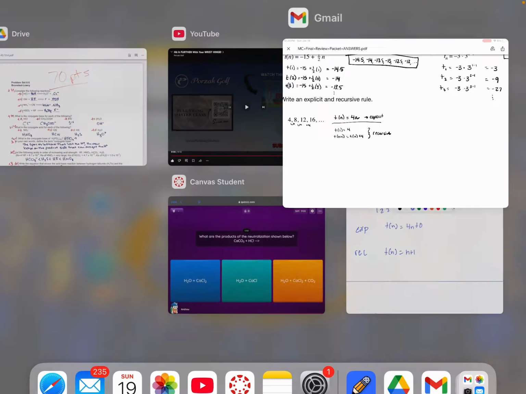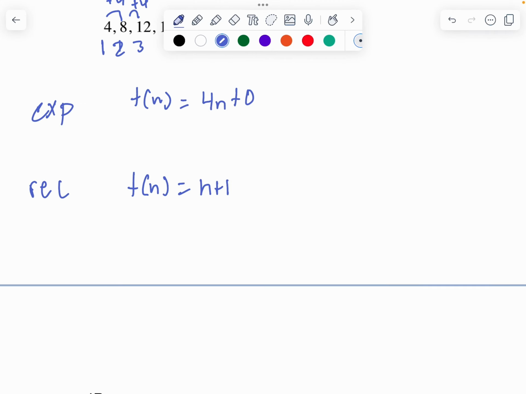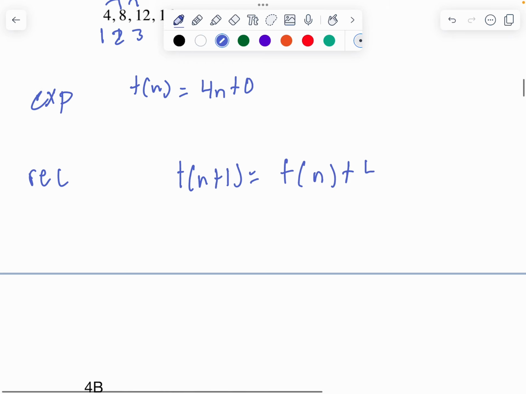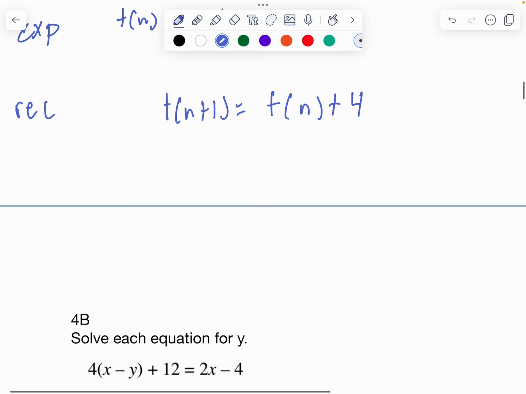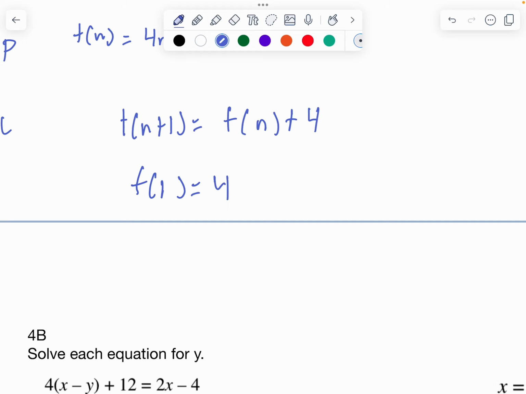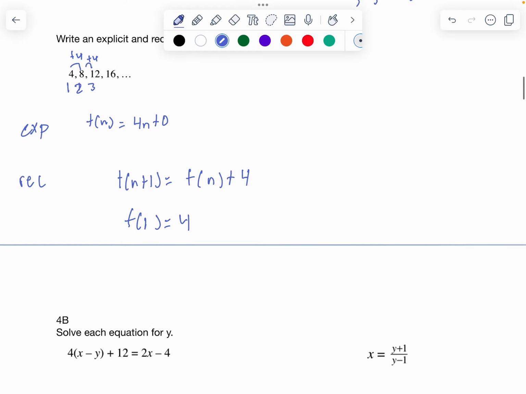T of n plus 1 equals t of n plus 4. T of 1 is equal to 4. Easy stuff.